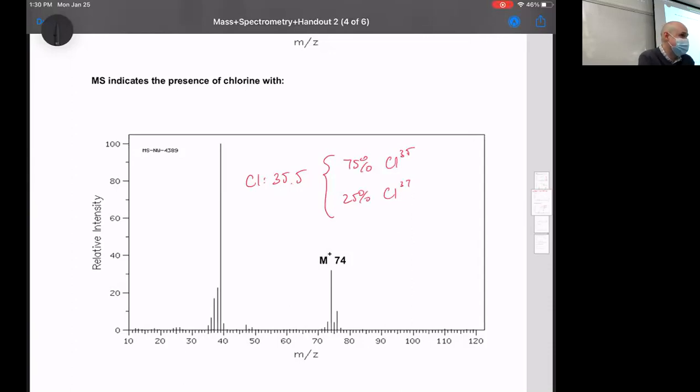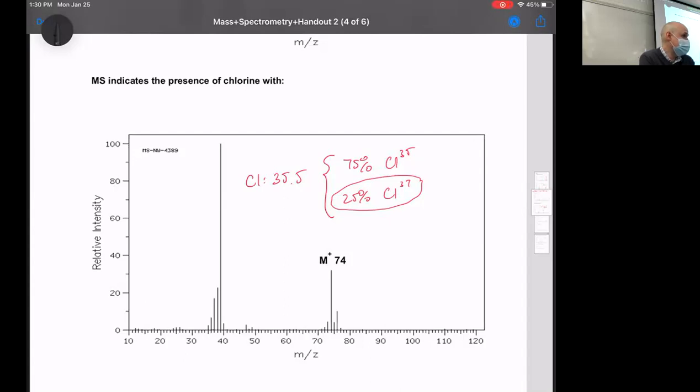So both of them are odd, but they're always going to give you a spacing of +2, because they're always going to be 2 apart. And furthermore, you're going to have a peak at 35, which is going to be the tallest because most of chlorine weighs 35. But you'll also have a significant peak for your chlorine 37s that's going to be a third the height because 25% is a third as much as 75%.